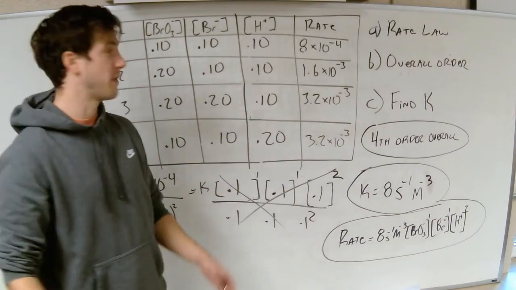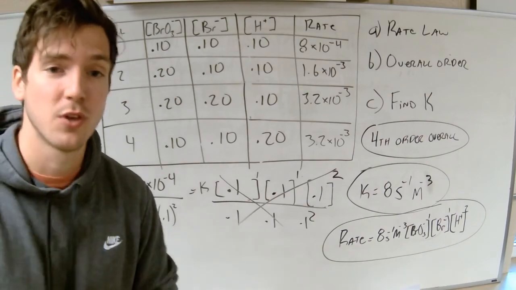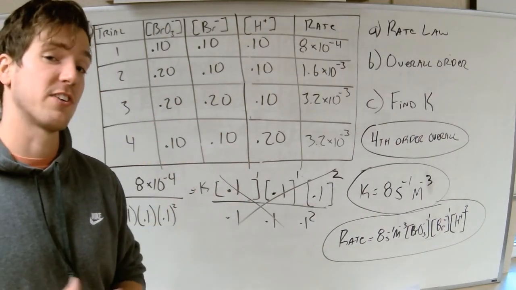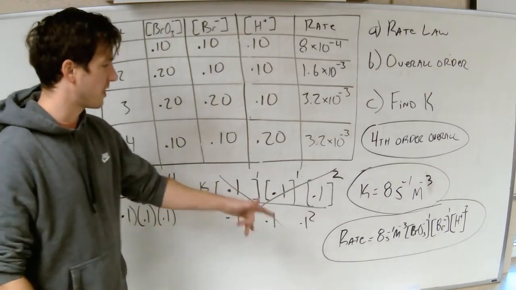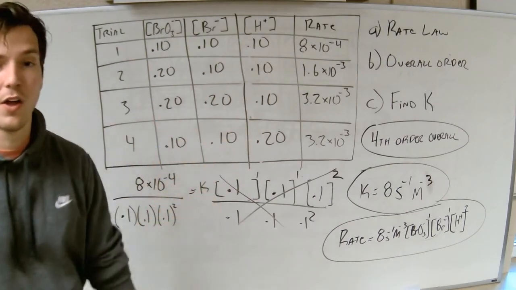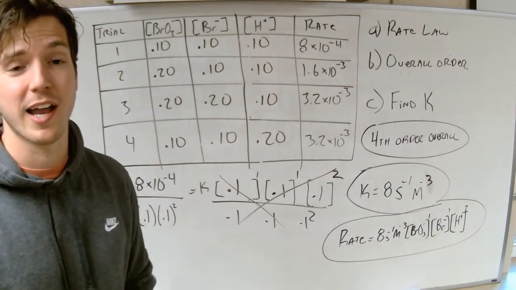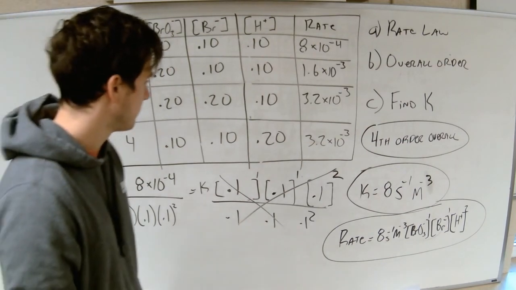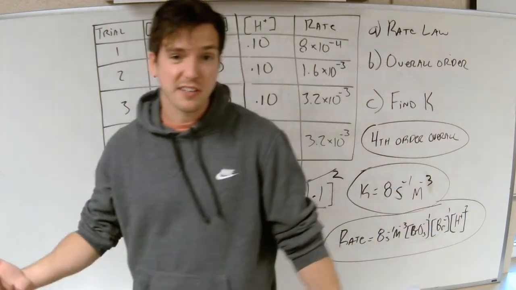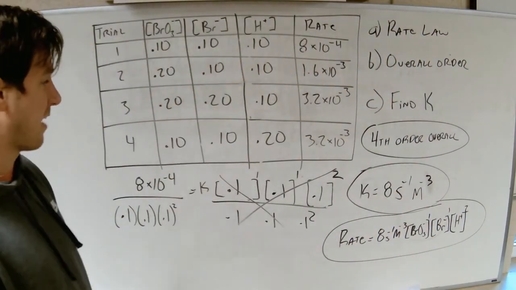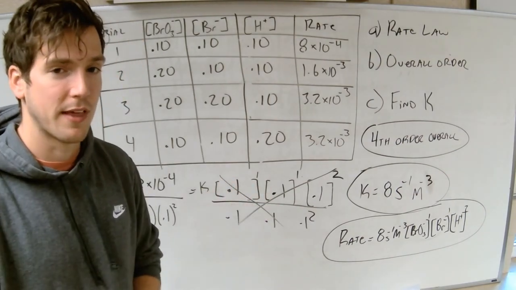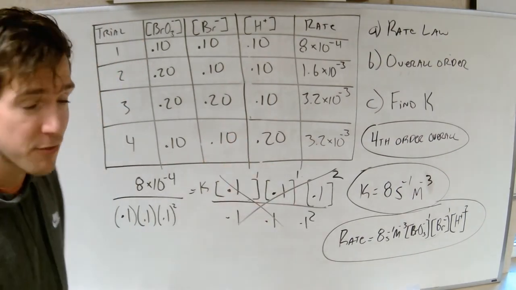We are using experimental processes to figure that out. We are keeping some concentrations the same while doubling others to see how it affects our rate, and effectively coming up with a nice rate law that helps us explain the overall rate of a reaction, no matter what kind of concentration we have. So now we could put 0.30 concentration, and then 0.60 concentration, and 0.02 in hydrogen, and we can effectively be able to tell how fast that reaction will happen. So that is differential rate law.